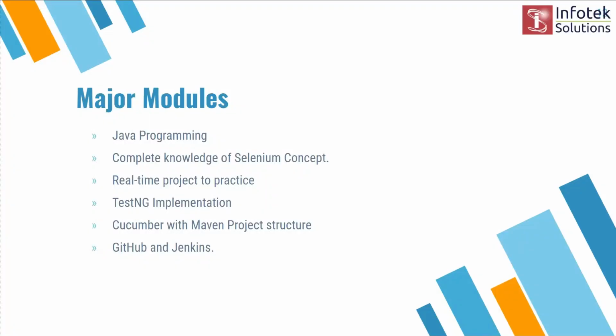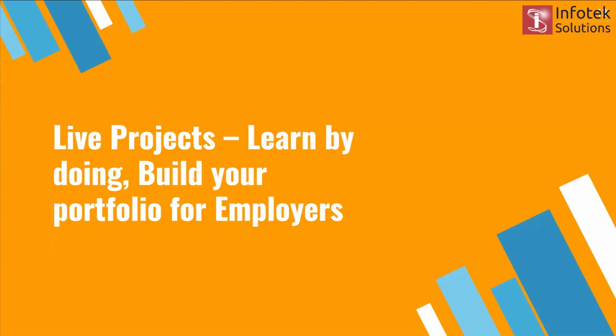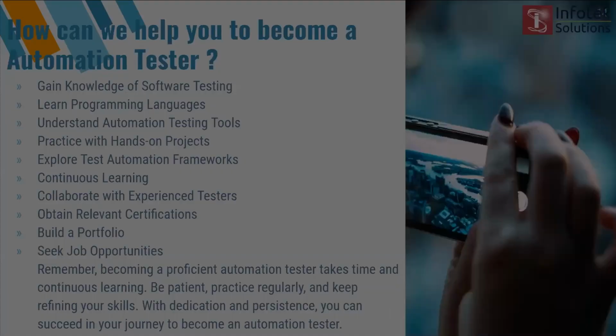Now, these are the modules. Java programming is one of the modules. Selenium is one module. TestNG, Cucumber, GitHub, and Jenkins. And at last, real-time projects are also one of the major modules that we will focus on in this training process. Apart from this, you will get a live project that will help you build your portfolio for your jobs.